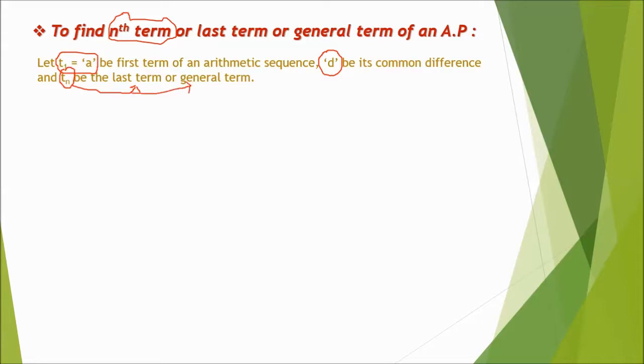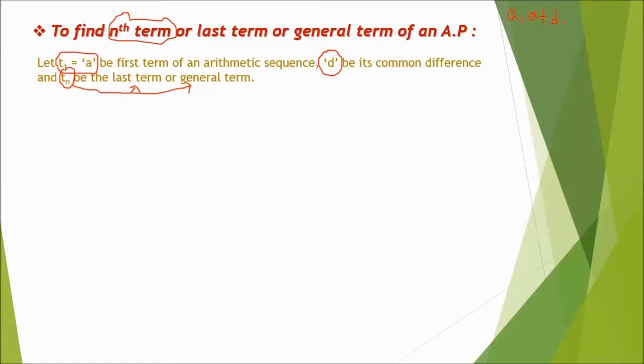Now let's form an arithmetic sequence. For the first term, t1 is a. Now what will be the next term? As the difference between the first term and second term is d, our second term is a plus d, isn't it? Now what will be the third term?